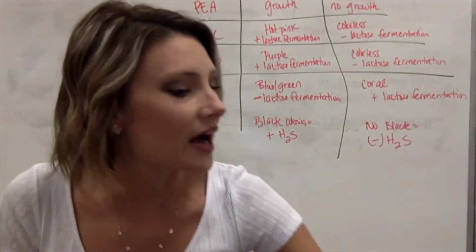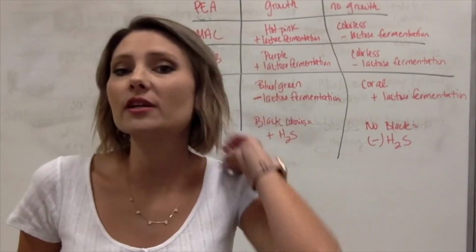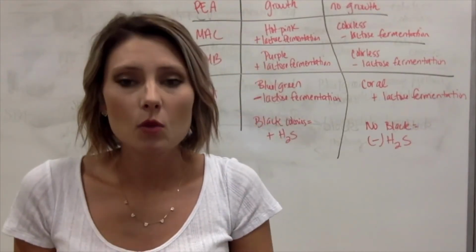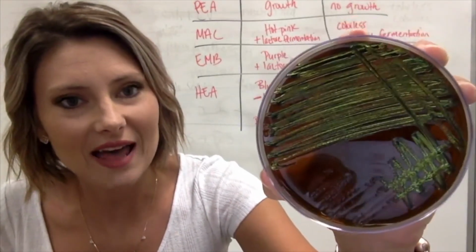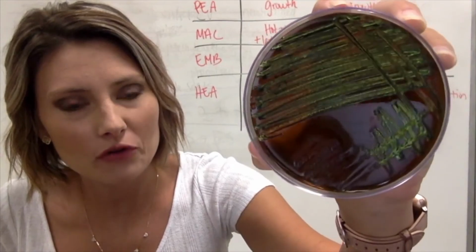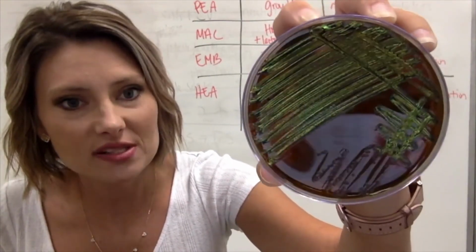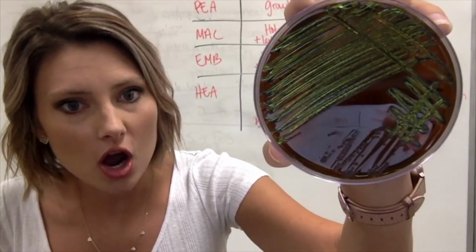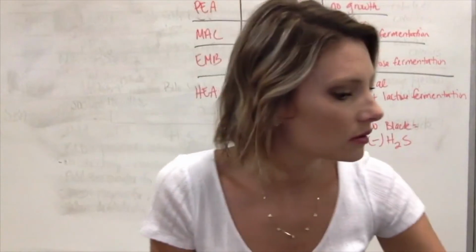Now here is my favorite one, which is E. coli. So I should get purple colonies with the bright green sheen on top. And wow, look at that. Isn't that beautiful? It is a beautiful, bright green sheen. And whenever you see that, you know that that is E. coli. Look at the difference.